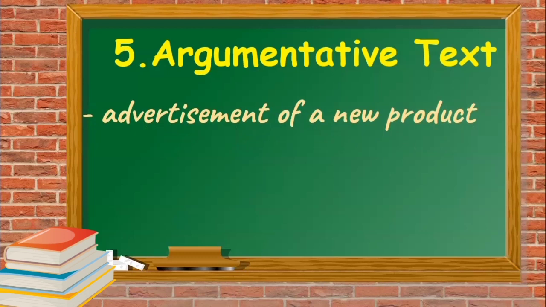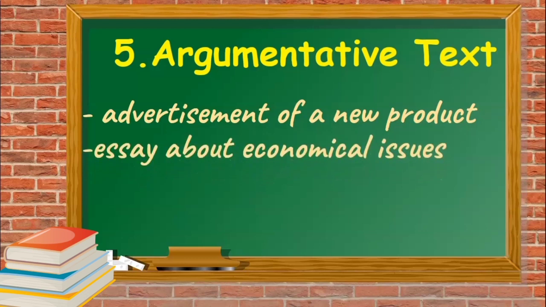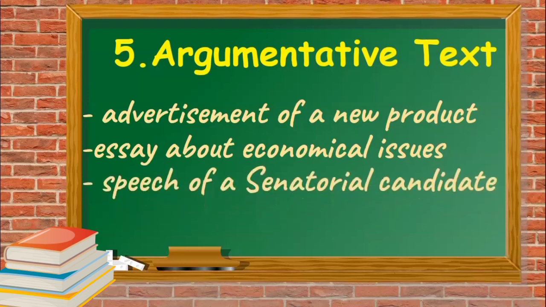I have here 3 examples. First is an advertisement of a new product launched in the market. Second is an essay discussing arguments about economical issues. And then the last one is a political speech of a senatorial candidate. If you try reading these examples I have given you, they may appear like they are different because they have different content.